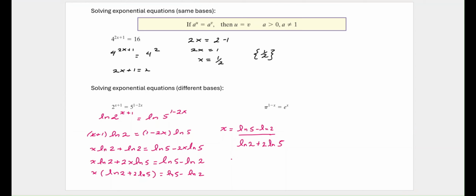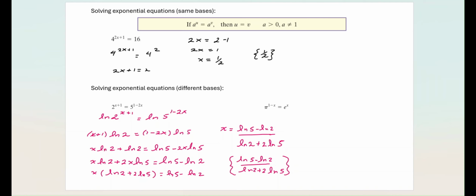So the solution, I will just write the solution as an exact solution like that. So we say this is ln of 5 minus ln of 2 over then ln of 2 plus 2 times ln of 5. You can just do the work and evaluate that solution later if you want to find the approximate solution.